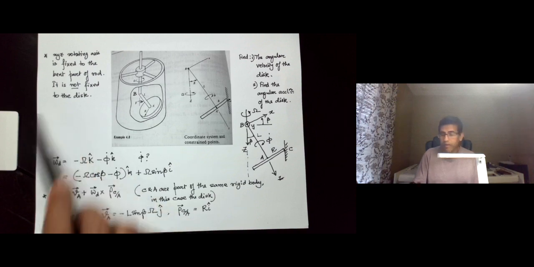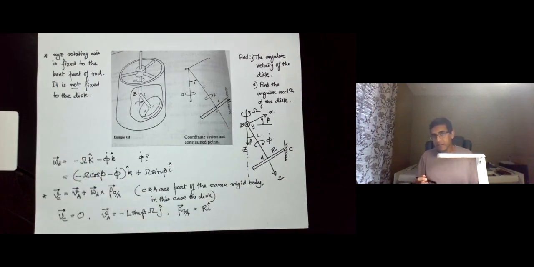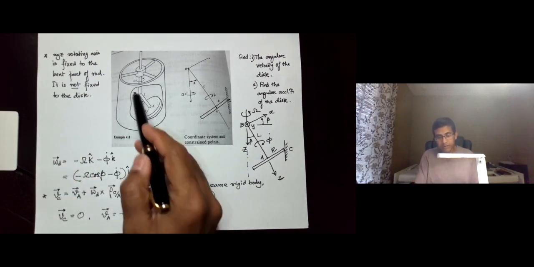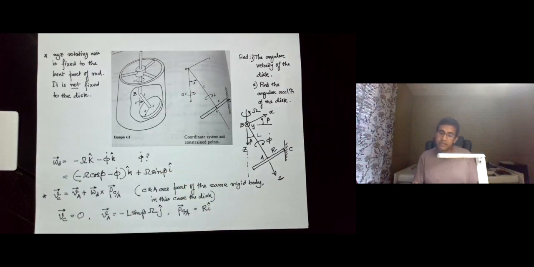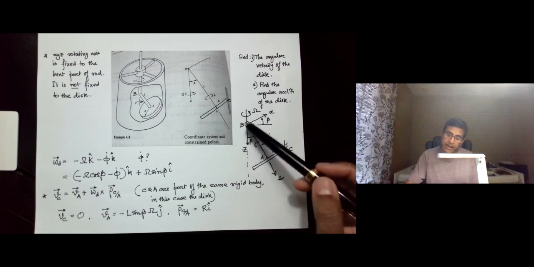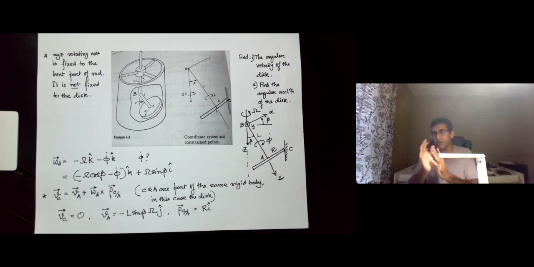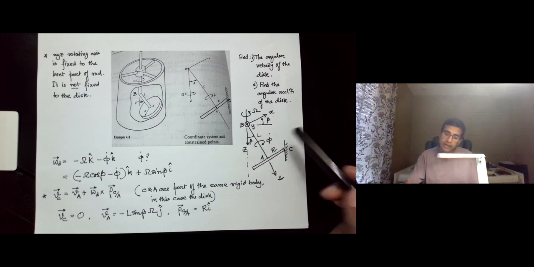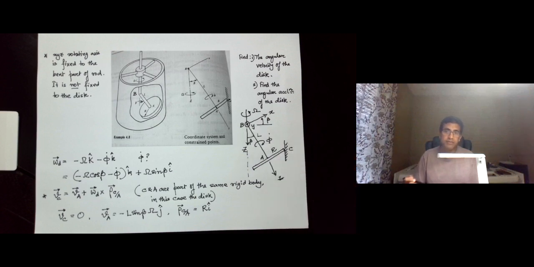However, it is not fixed to the disc. So it is fixed to the rod AB, but not to the disc. As a result, this small x and the inertial z axis always form a vertical plane, and that plane contains this bent part of the rod.